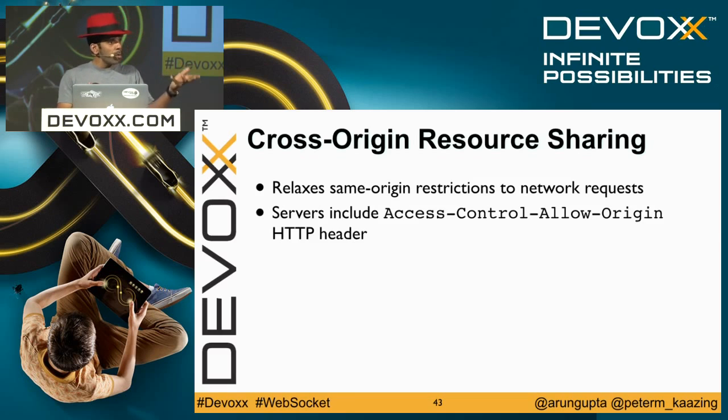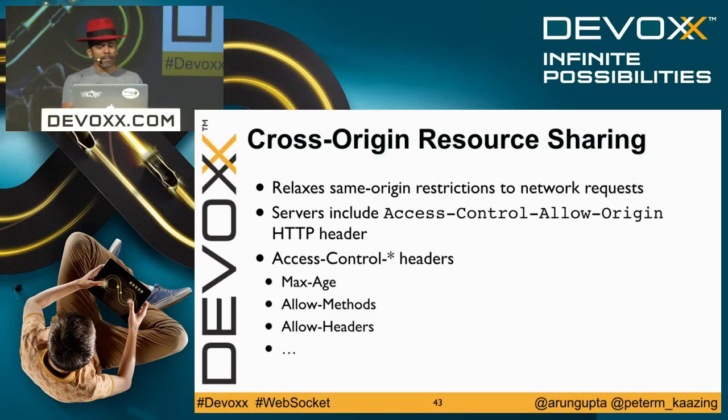So if I make a request from my browser to WebSocket.org, which is hosted by Kaazing, then in the response, they send the Access-Control-Allow-Origin HTTP header. And as part of that, it basically says you can call me from any other domain that you care about. Okay? There are lots of access control headers, and they allow your resources to be called across multiple domains, not from the same origin domain. The specification is defined on this URI.